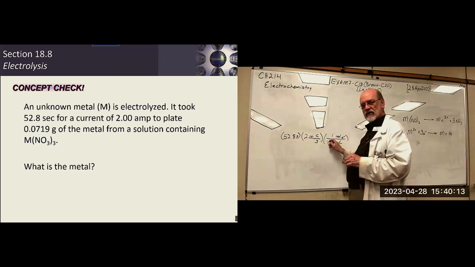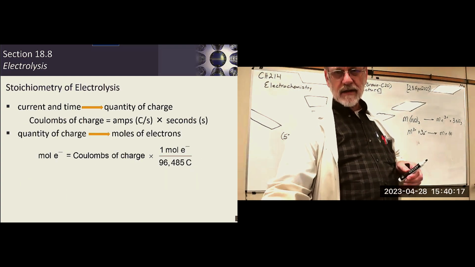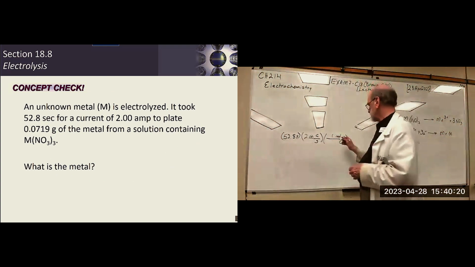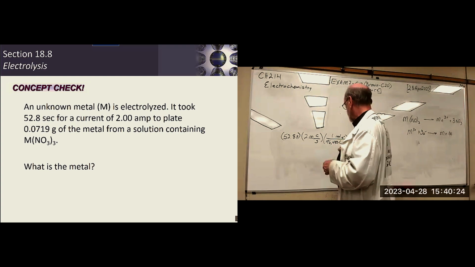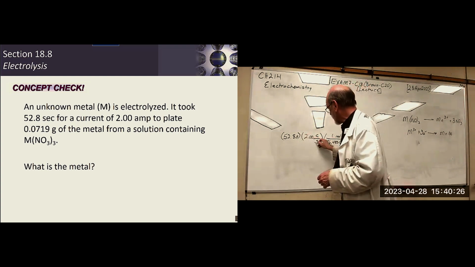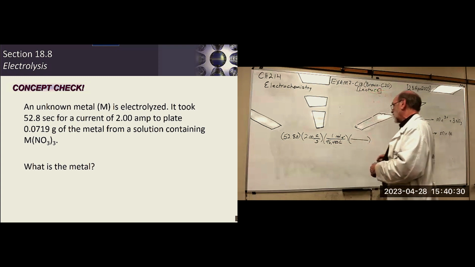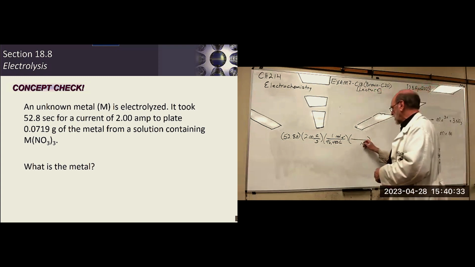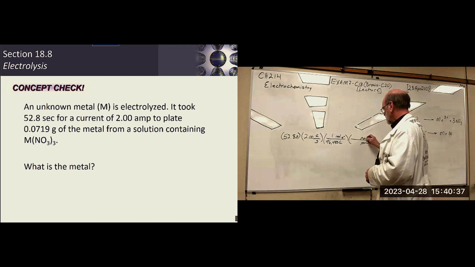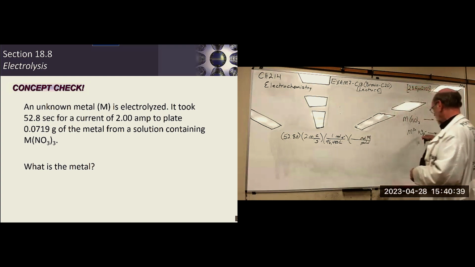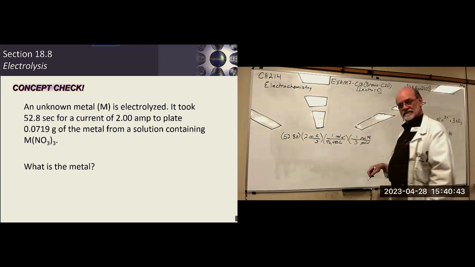So what's the magic number? 96,485 coulombs per mole. So we cancel the seconds, we cancel the coulombs. Now we have moles of electrons. So how many moles of electrons per mole of metal? Well, 3. 3 moles of electrons for every mole of metal.